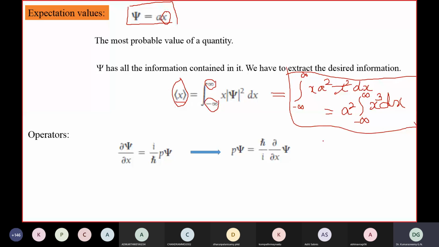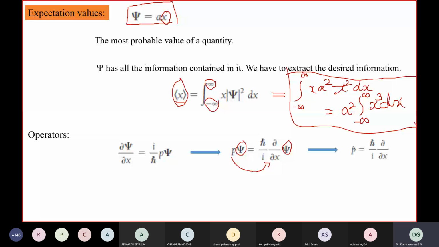Next thing. Now remove this psi. Psi is on both sides, so you can always compare these two quantities. That means p is equal to h cross by i dou by dou x.